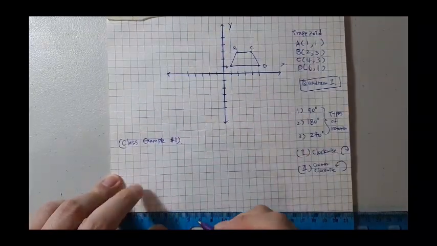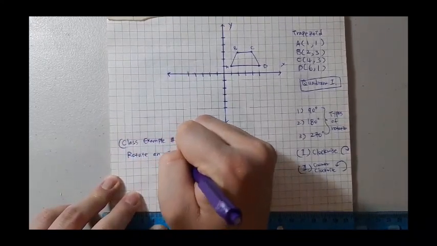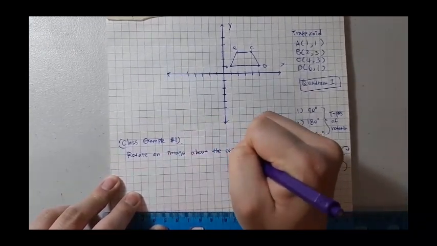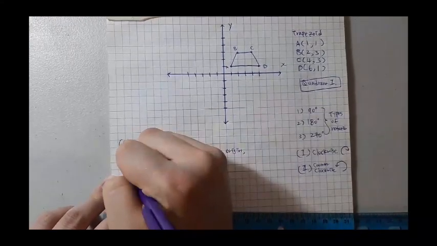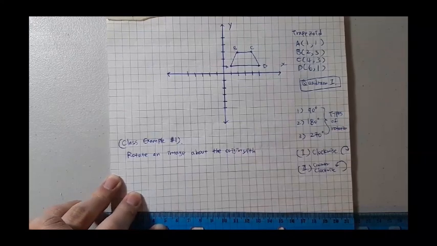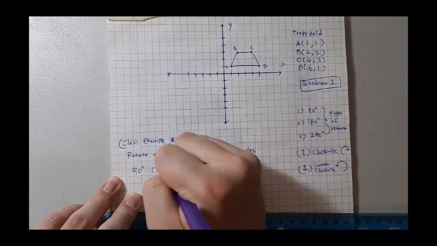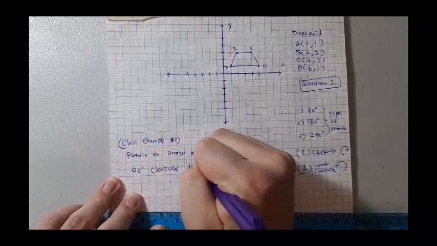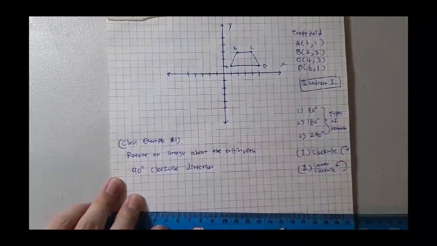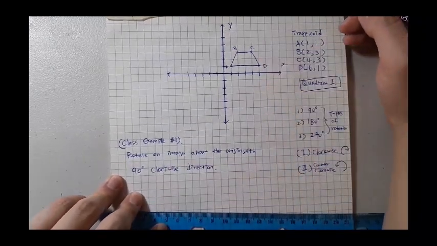The question can easily ask: rotate an image about the origin with 90 degree clockwise direction. Let's say we need to do a 90 degree clockwise rotation of this trapezoid. Here is what you need to understand.